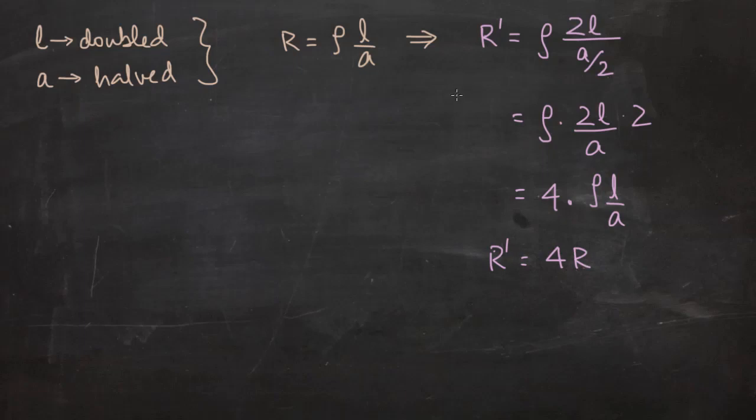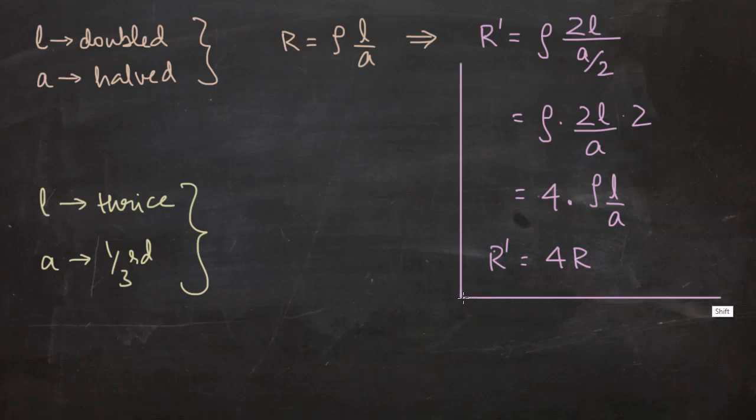Correct? Now the same thing, let's consider what happens when I make length thrice the original and the area one third the original. If this would happen, what would happen to my rho L by A? Let me just draw a line over here to bifurcate these two.